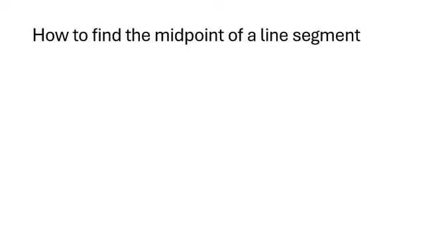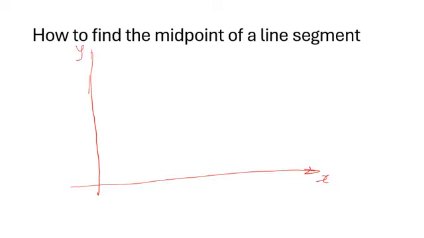of a line segment? Let's consider this Cartesian plane. This is x, there is y. Okay. So on this one, you may have this line segment, and this line segment has a starting point, which is that one, and end point, which is that one.